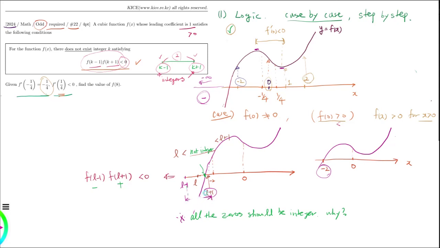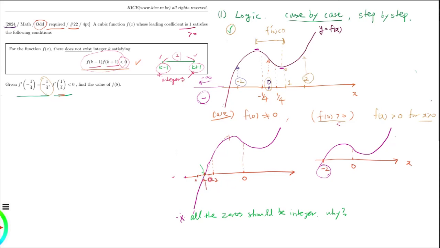So here let's simply assume that this only zero for case 1, let me restore the graph here. It is negative 2.